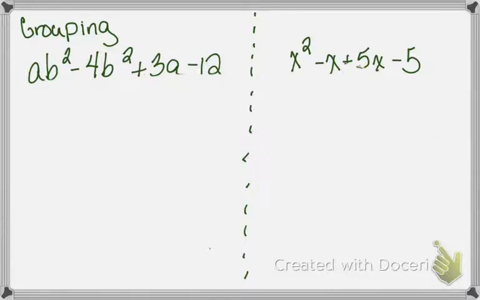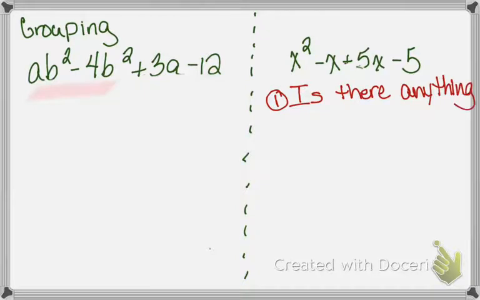So what I have right now is ab squared minus 4b squared plus 3a minus 12. So the first thing I look at is the first 2 terms. I'm going to look at that right there. So I'm going to ask myself, is there anything common in first 2 terms?